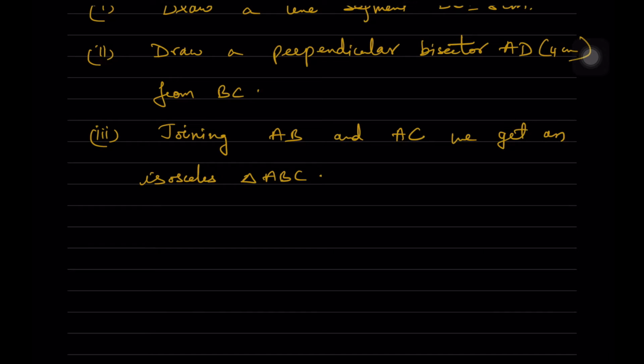Then the fourth step is construct, again we have to always take an acute angle below the given line, whatever is the given line. So construct an acute angle CBX downwards, below BC.